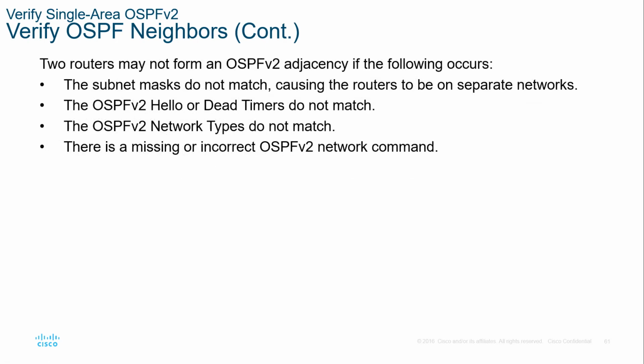If two routers do not form an adjacency, again, it could be the wrong subnet, it could be mismatched hello and dead timers, maybe the network types don't match, or incorrect OSPF network commands. So we need to be able to understand how to fix those.